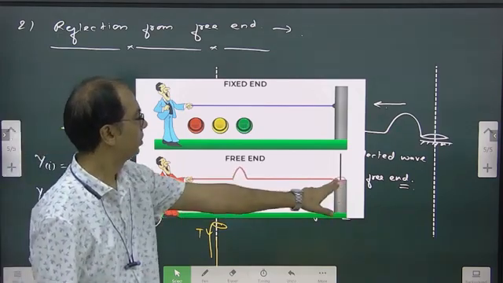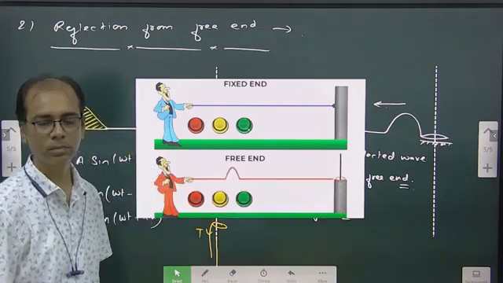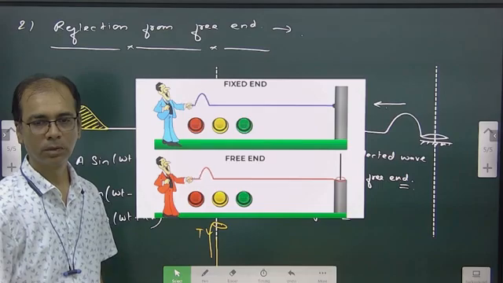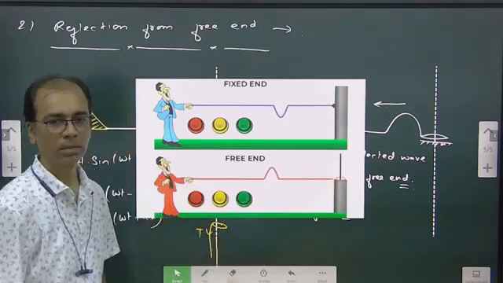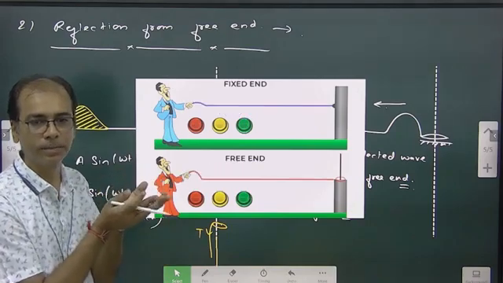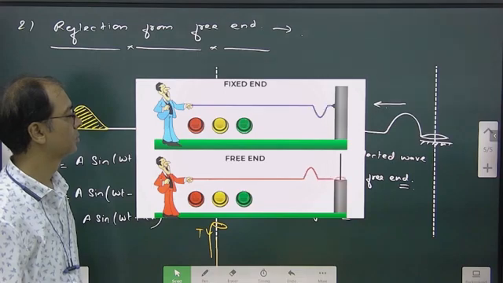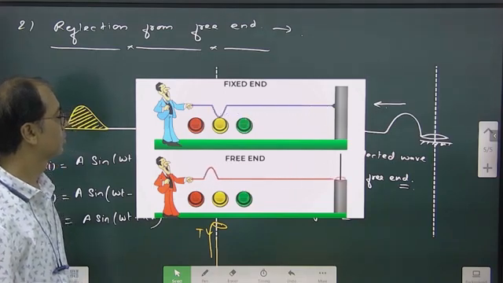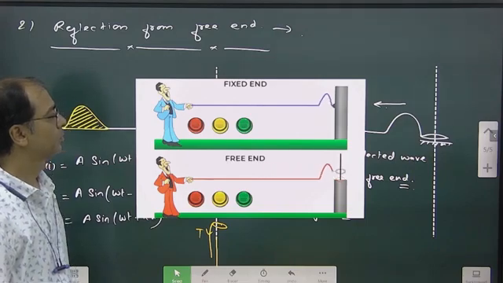See this one, how much up it is going. Not only this, it will go further up, because it has to give the entire energy.